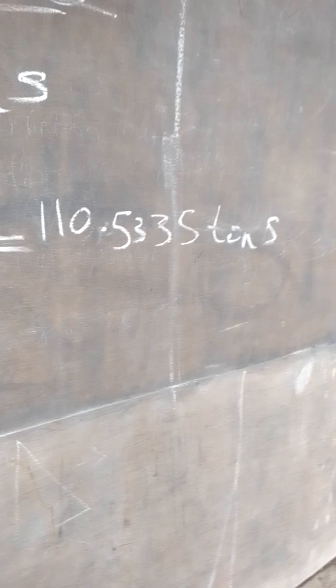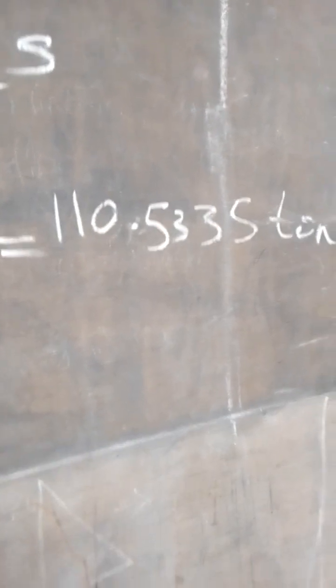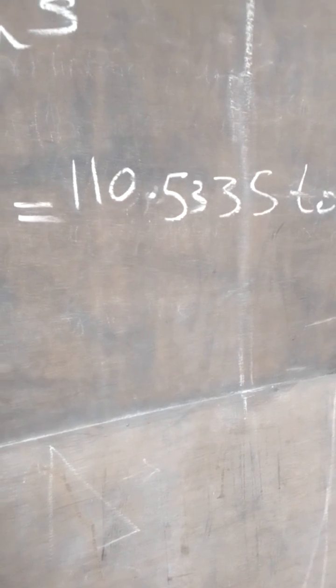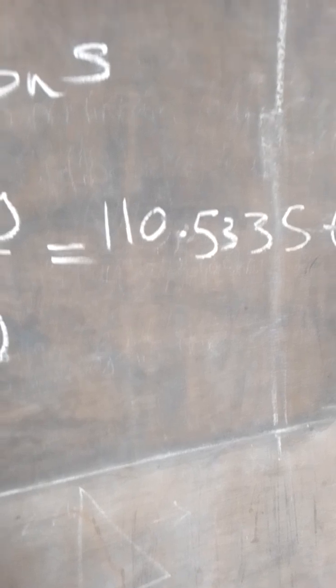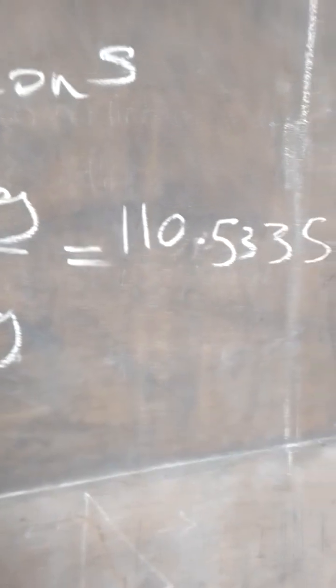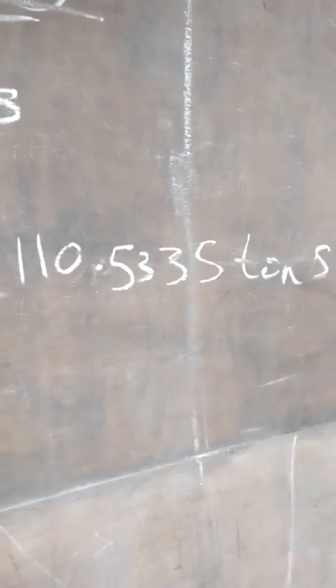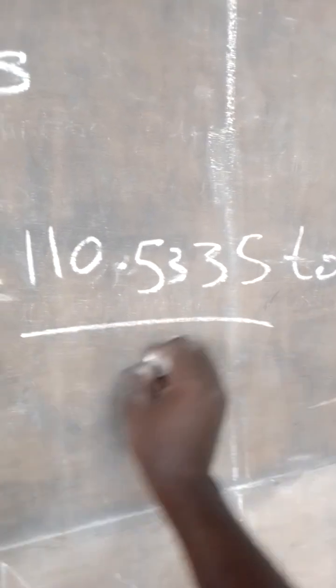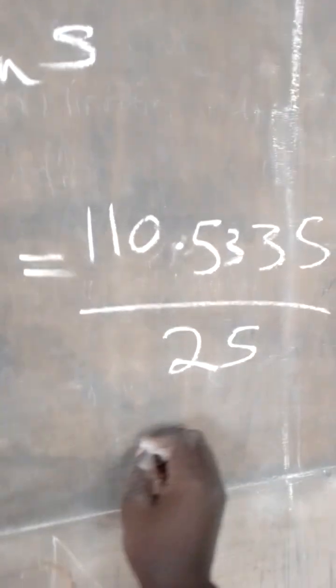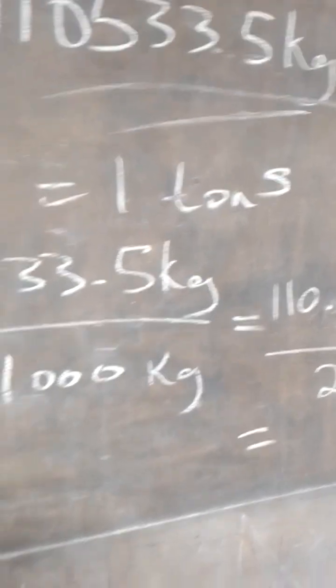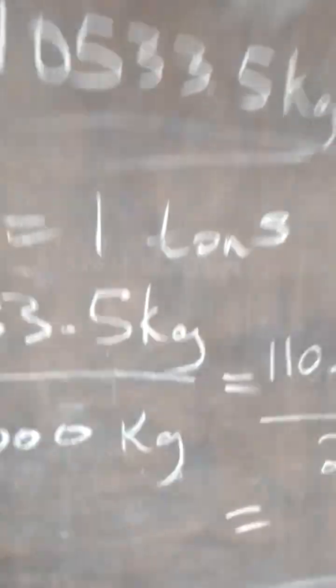Okay, now you have gotten this. Now the question you're asking yourself is, how do I call a truck to get me 110 tons? Okay, tell the truck driver to use a 25-ton truck to bring it to me. Now you divide it by 25 to know how many trips it will take.